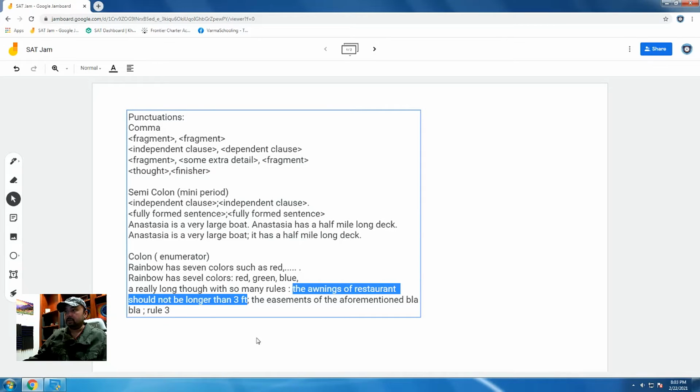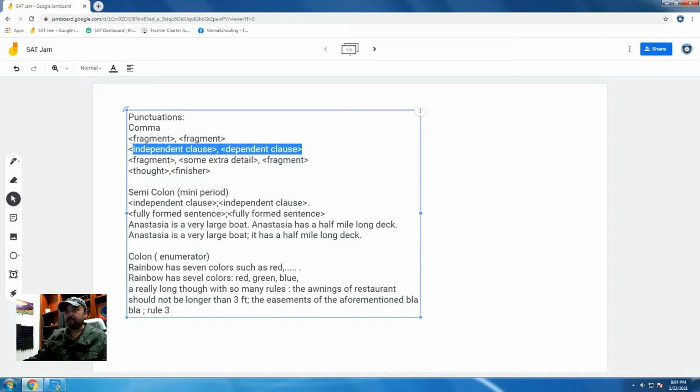It's an independent clause. We can't use a comma to separate an independent clause with an independent clause. You can have an independent clause and then a dependent clause, but you can't have independent clause, comma, independent clause. That's something to remember.